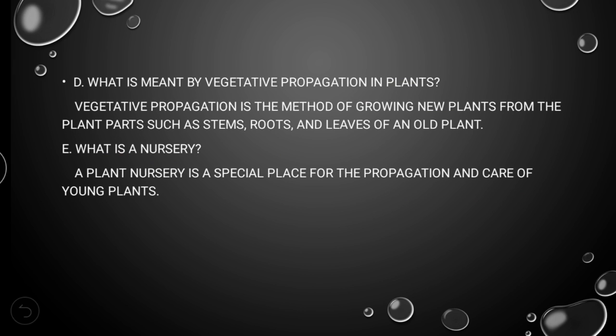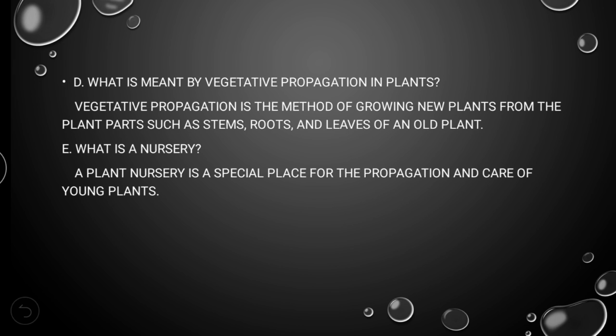What is meant by vegetative propagation in plants? Already we have learned this in the chapter, so that portion is taken as a question. My dear children, try to learn the answer. It is very easy.